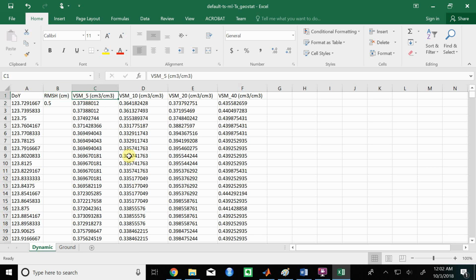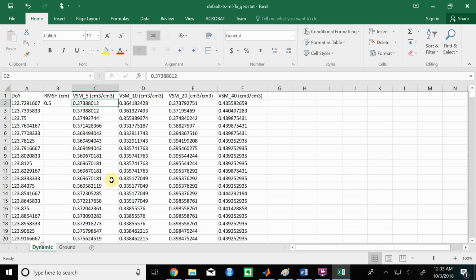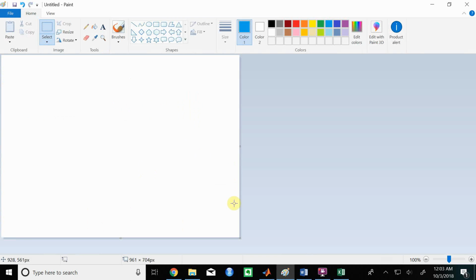And then since it's a multi-layer, instead of being 1 column that defines our effective volumetric soil moisture, we now define the volumetric soil moisture in every point that's defined here in the ground spreadsheet. Since these were 4 points, we had 4 columns that define our volumetric soil moisture at these points. And this corresponds to what could be a real-life example where you are monitoring the soil moisture at these different depths.